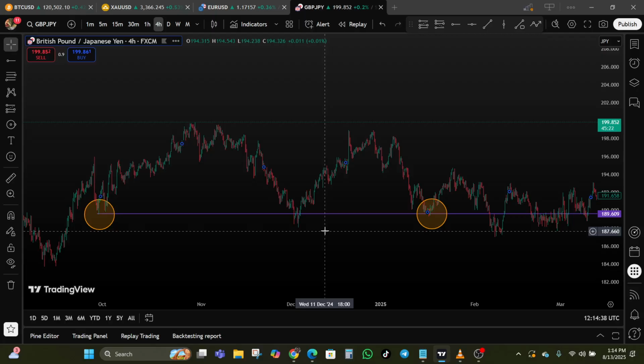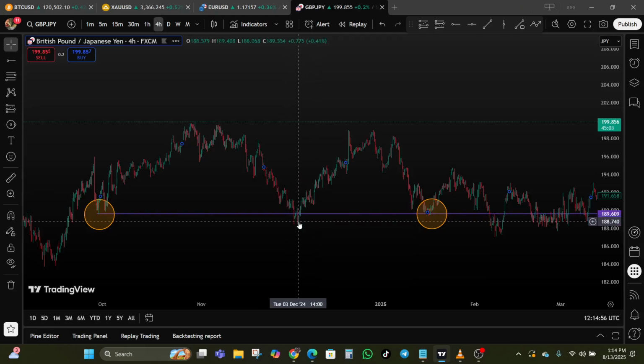So large players, institutions, algorithms, they push the price beyond these zones to trigger stop losses and attract breakout traders. They use that influx of orders as liquidity to fill their own positions. Remember that when someone enters a buy position, they will likely set their stop loss below the support zone, right? So we have sell side liquidity around here.